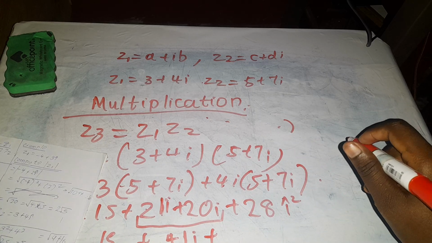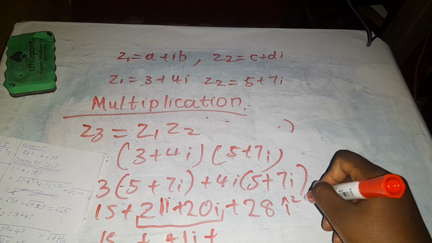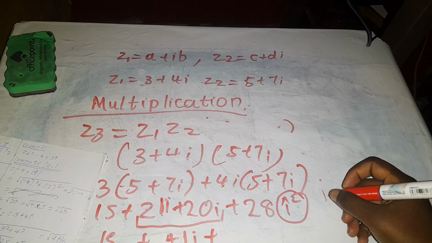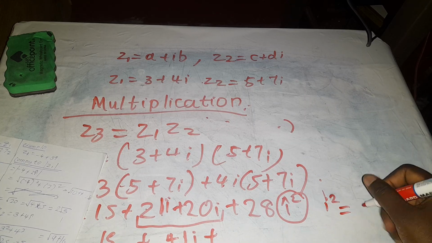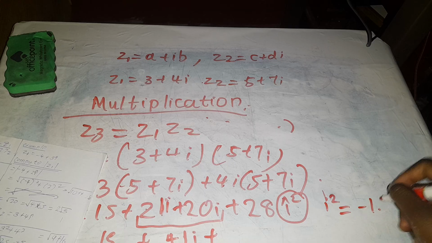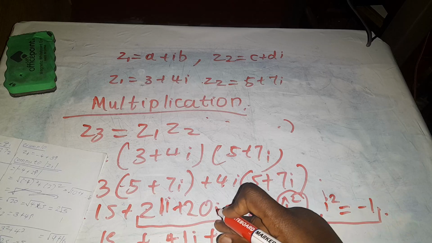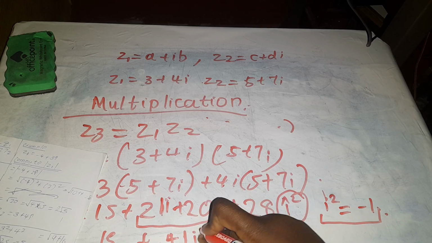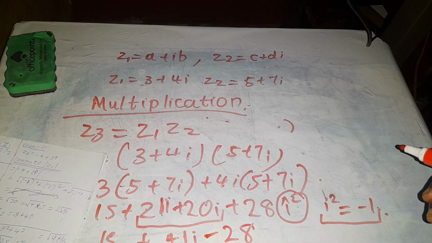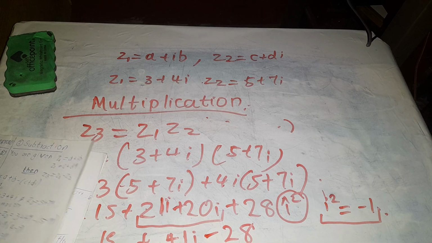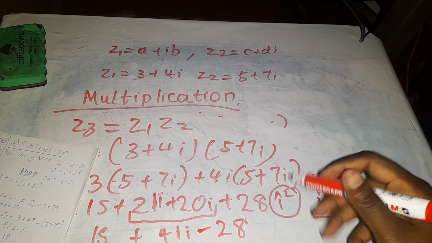And where we have 28i squared, we say i squared is equal to -1. So -1 multiplied by 28 is -28. Negative times positive is equal to negative. So you replace that and say that is -28.